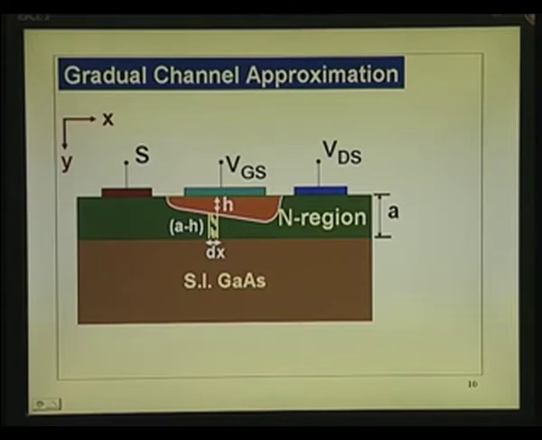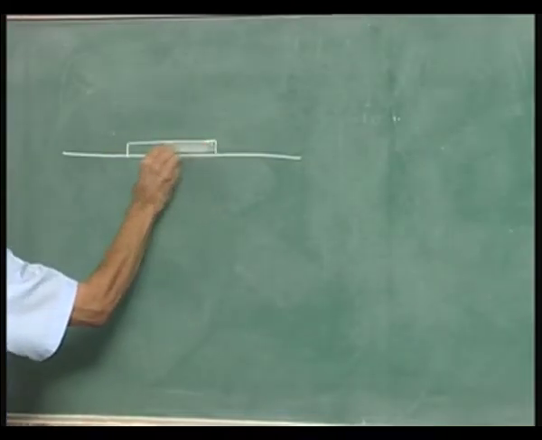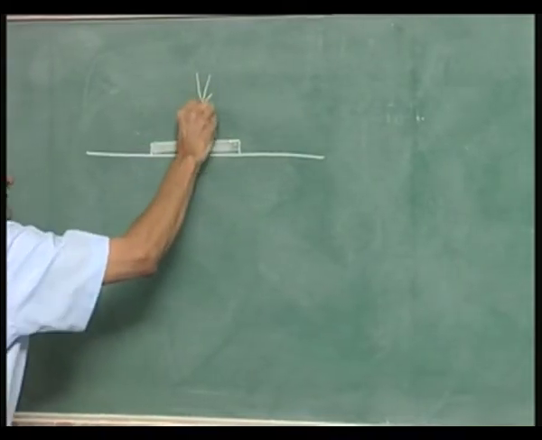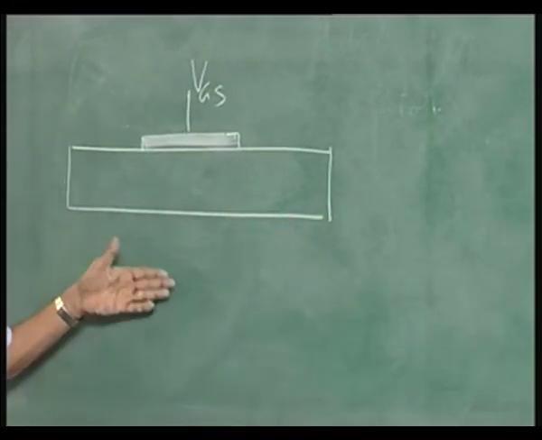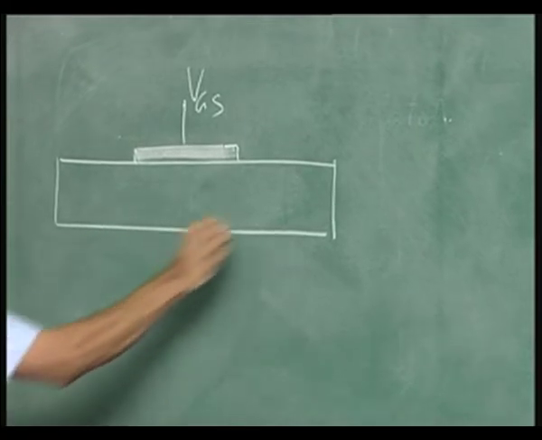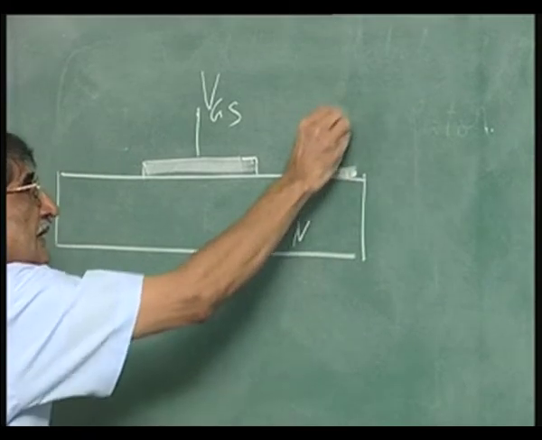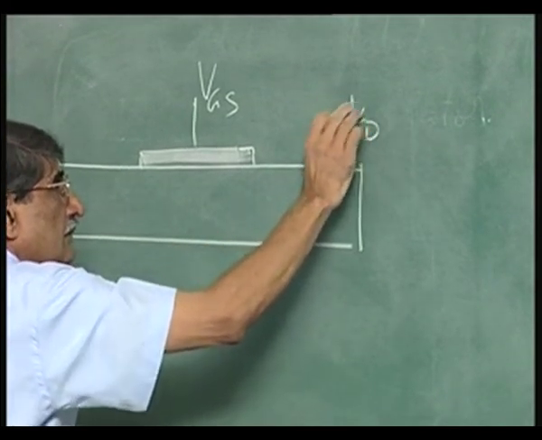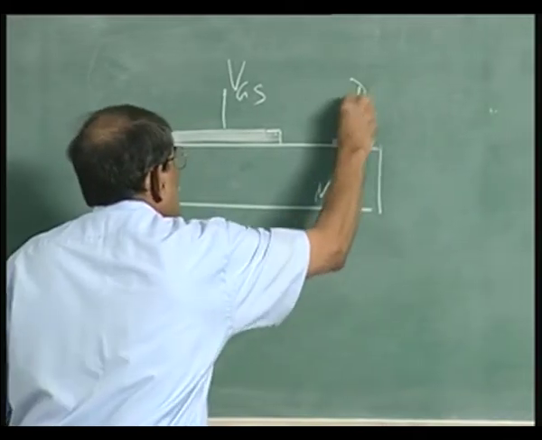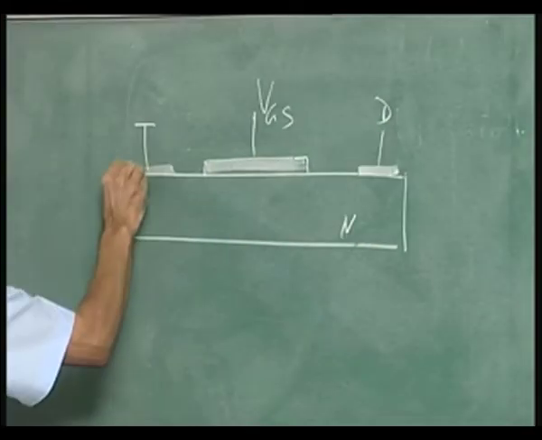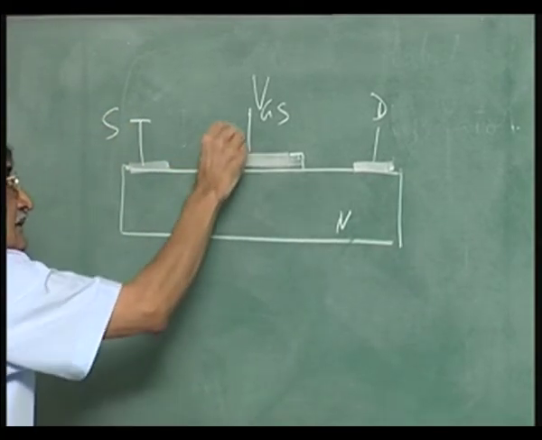Take the case where it is easy to understand the situation, where VGS is 0. I do not even have to show the semi-insulating layer, because it is only this layer which matters. This is the drain and this is the source.